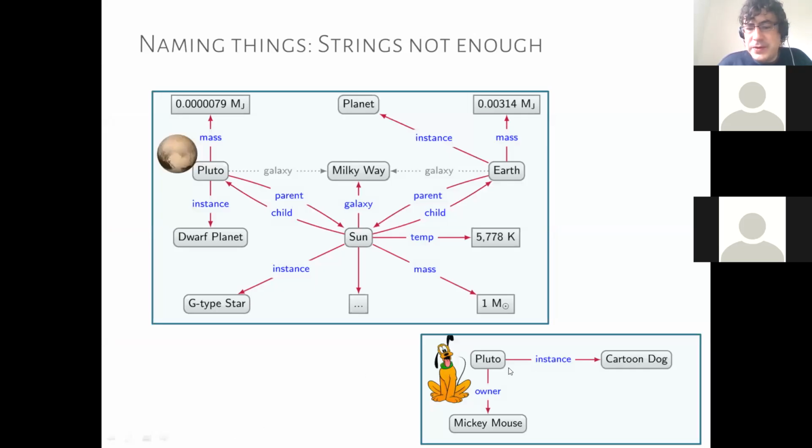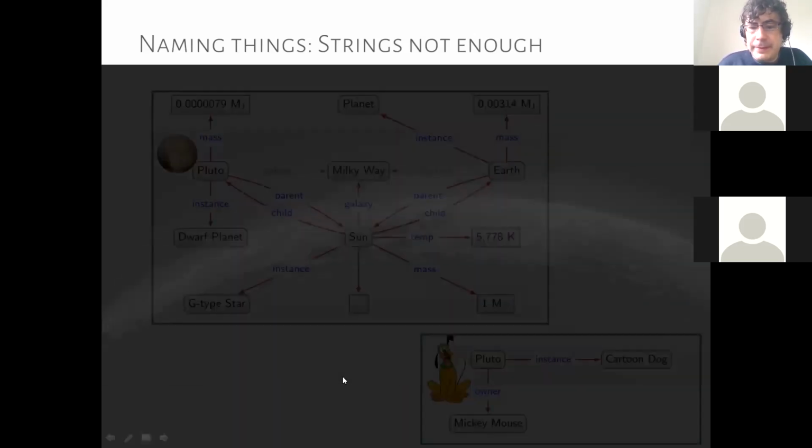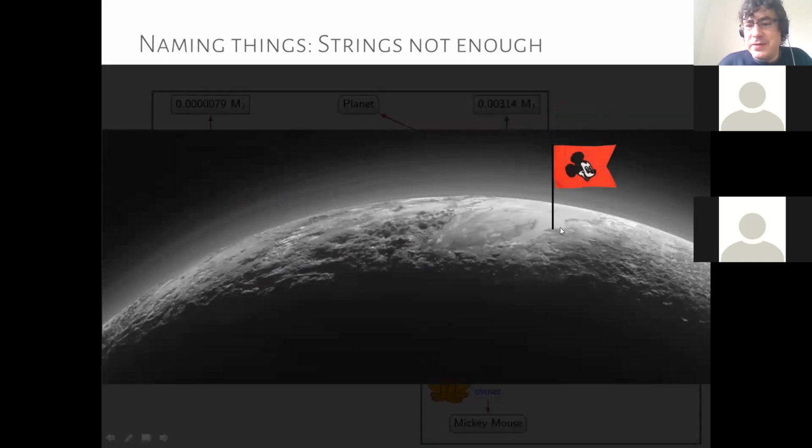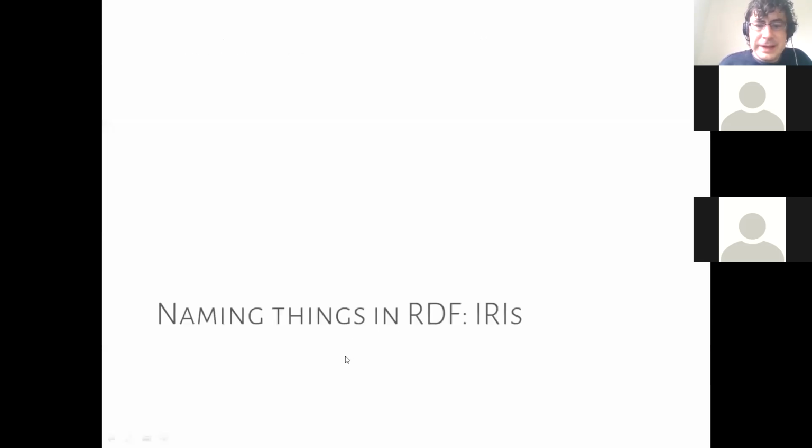Or we could conclude that Pluto is owned by Mickey Mouse, if we were to naively combine the graphs. Strings are too ambiguous to use as identifiers in the graph to identify these entities. So rather than just using simple strings like Pluto or Milky Way, we use special identifiers in RDF for entities.